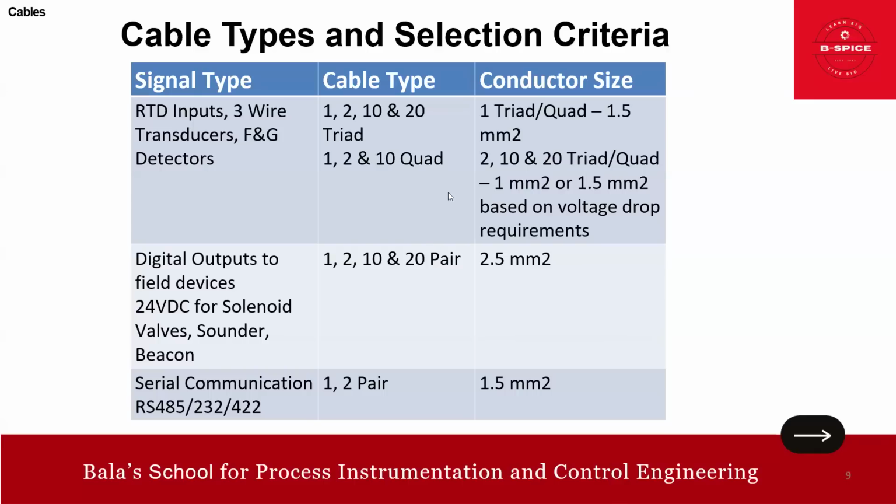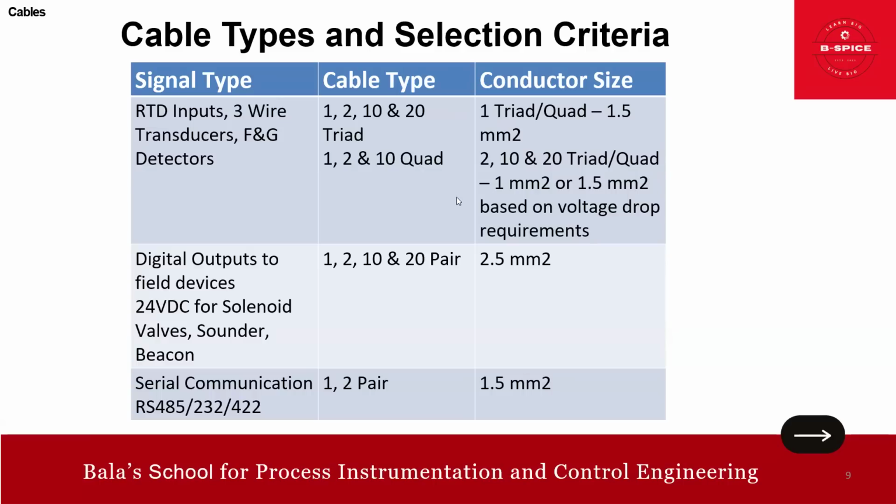Then how about RTD? RTD three wire, fire and gas detector. For this we have 1, 2, 10 and 20 triad, and also 1, 2 and 10 quad. When we talk about the triad, one triad and quad is 1.5 mm square. Then 2, 10 and 20 triad quad is 1 mm square or 1.5 mm square based on the voltage drop requirement.